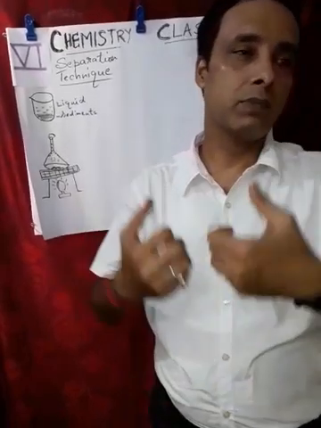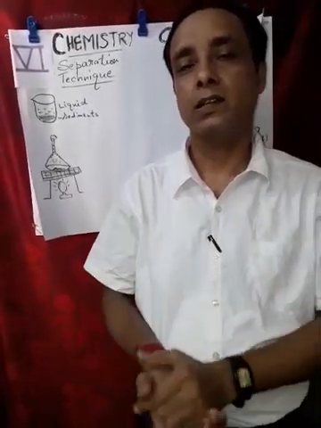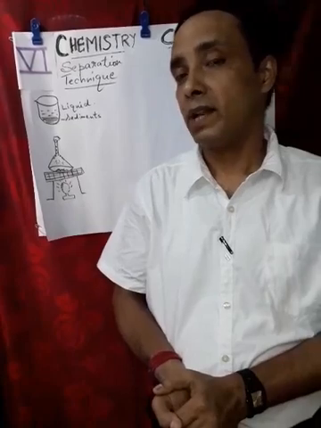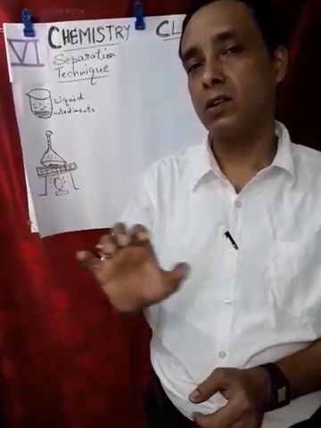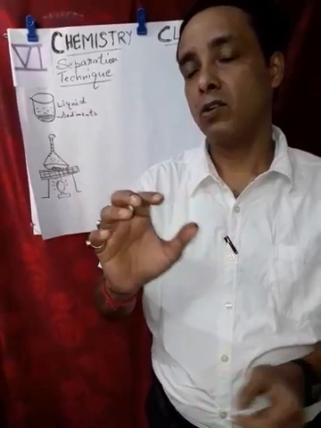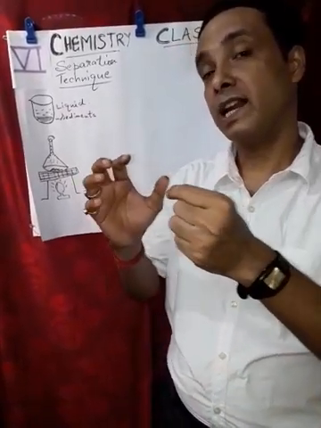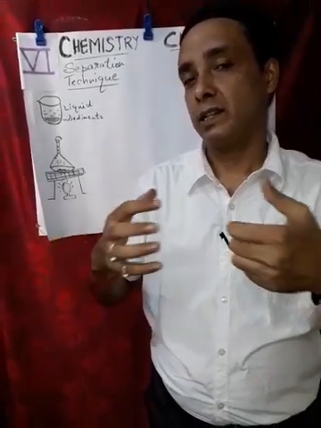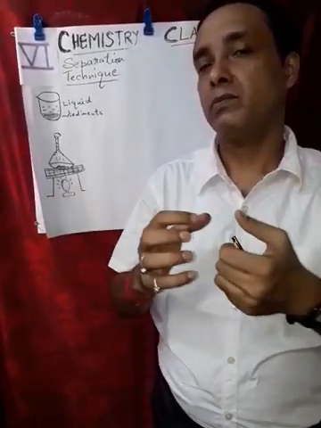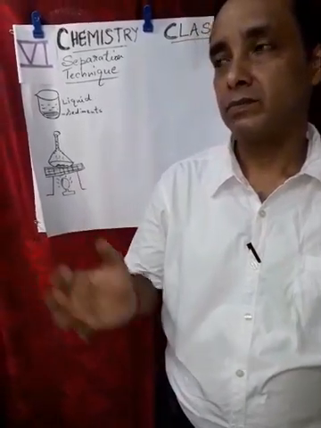You are able to separate iron filings from the sand with the help of a magnet. If you move the magnet near the mixture of sand and iron filings, all the iron filings get attracted towards the magnet, and by that you can easily remove the iron filings from the sand.